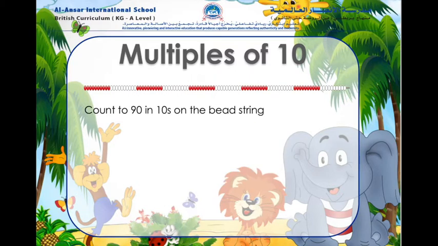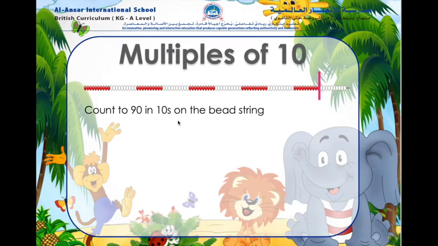Let us try another one. Here we're going to count to 90 in tens on the bead string. So we have 10, 20, 30, 40, 50, 60, 70, 80, 90. Now we've already reached 90.